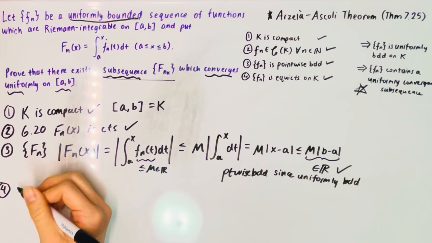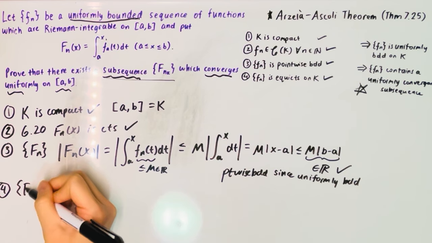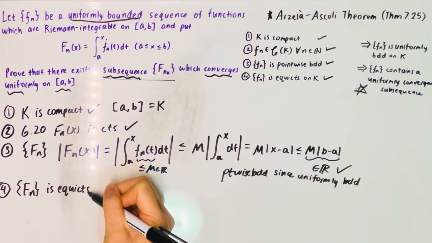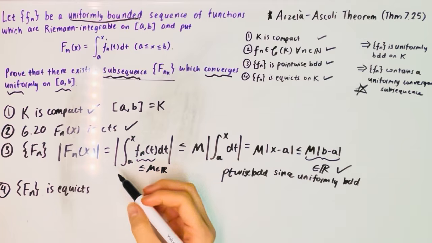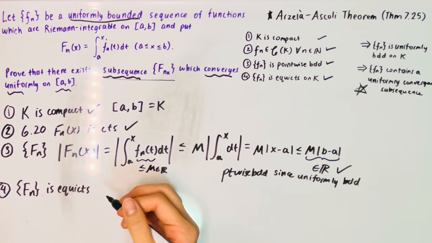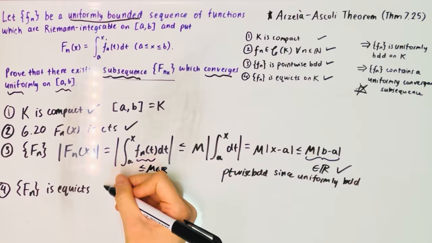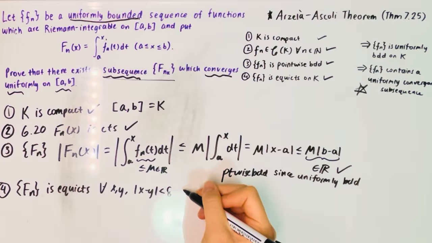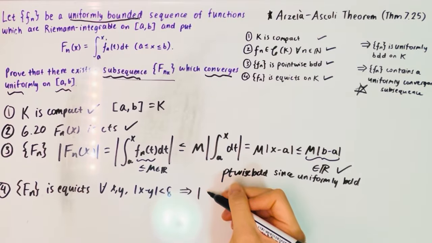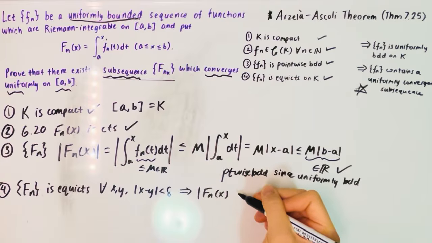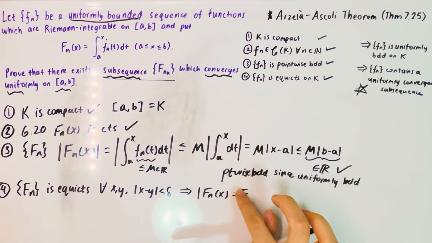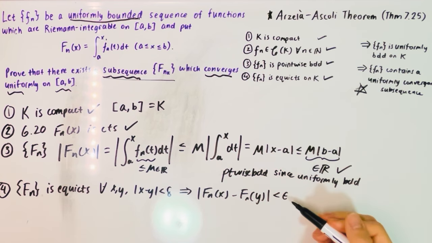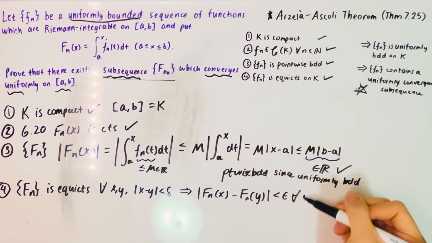And finally, we want to show that F_n is equicontinuous. Why is this true? Well, by the way, recall that equicontinuous means that for all x, y where |x minus y| is less than delta, this implies that |F_n(x) minus F_n(y)| is less than epsilon for arbitrary epsilon, for all n.